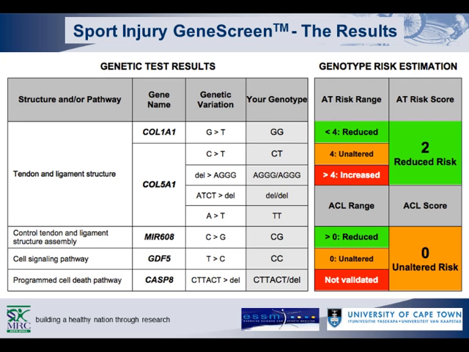So if an individual has a risk score of 2, you can say that they have a reduced risk, and if an individual has a 0 risk score, it has an unaltered risk based on its genotype profile alone. However, I'd like to stress that you cannot base your total risk on only the genetics, but it has to be interpreted together with the other clinical indicators.